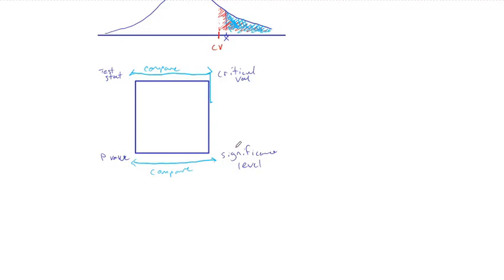Now, the way we get each of these things is that the critical value comes from the significance level. So when I write it this way, this comes from this.